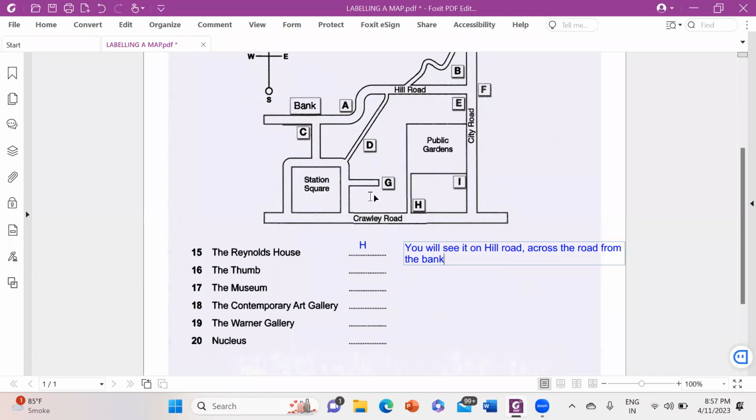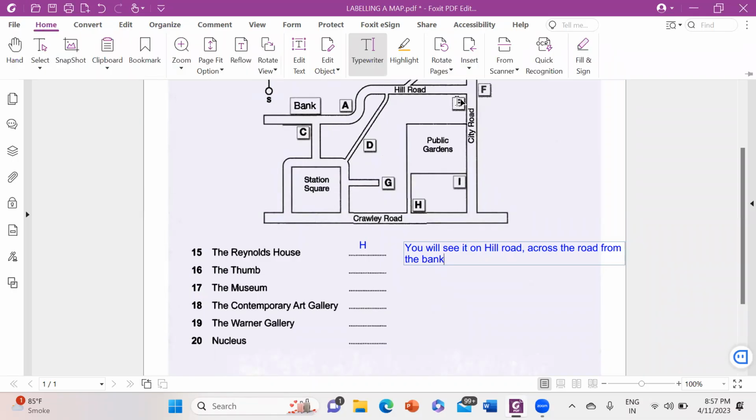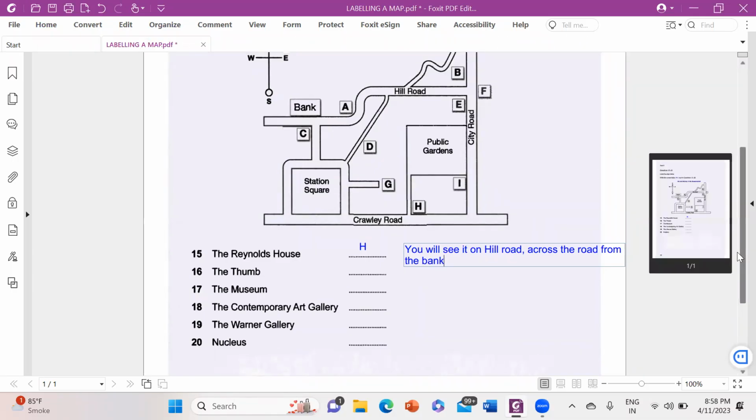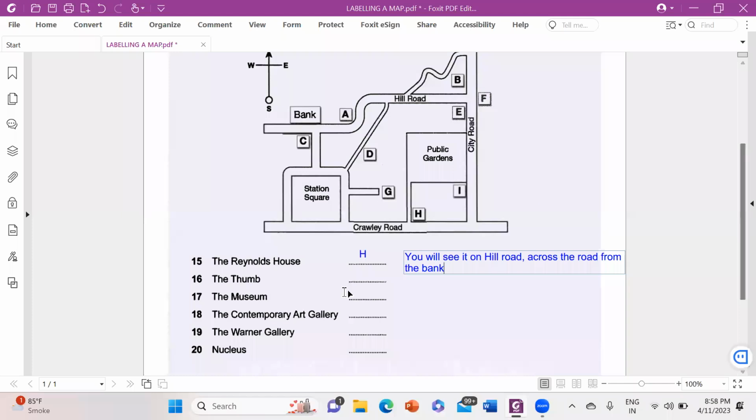So guys, this thumb is on Hill Road, but across the road from the bank. What do you think the answer is? On Hill Road, across the road from the bank. So it is nothing but C.